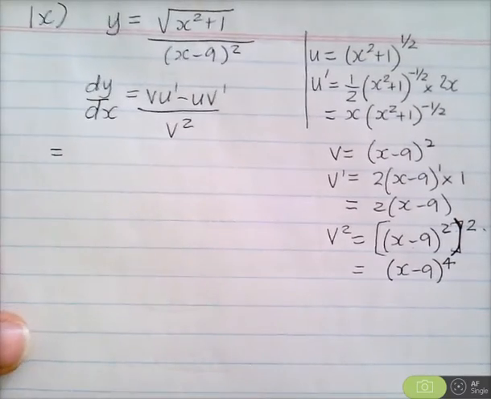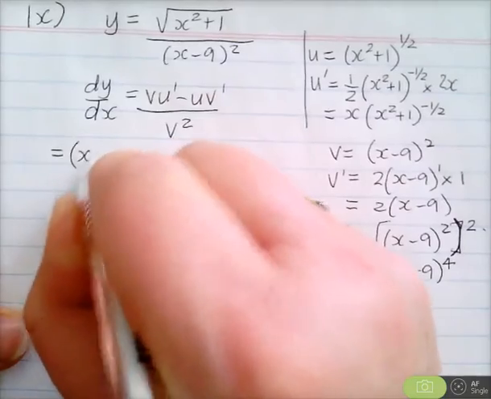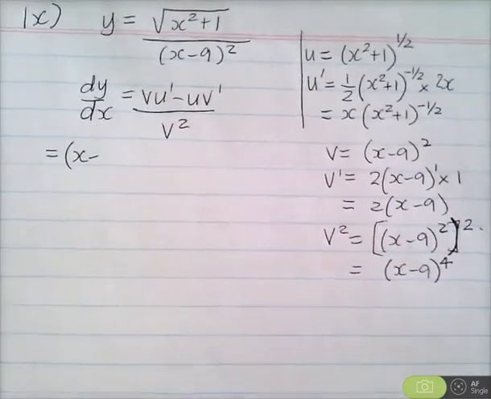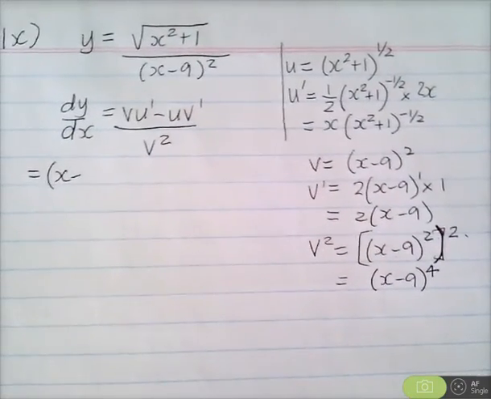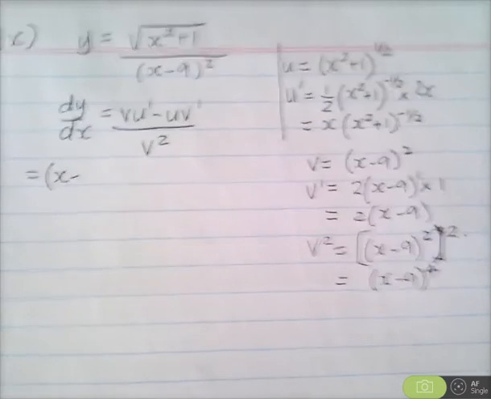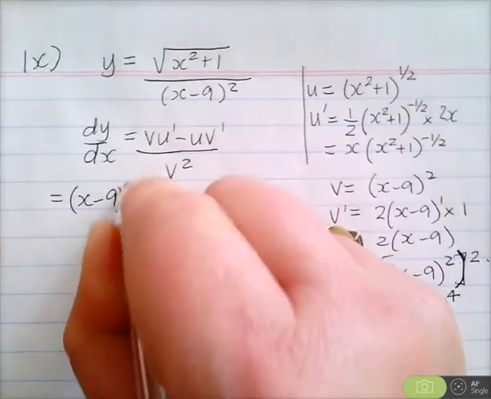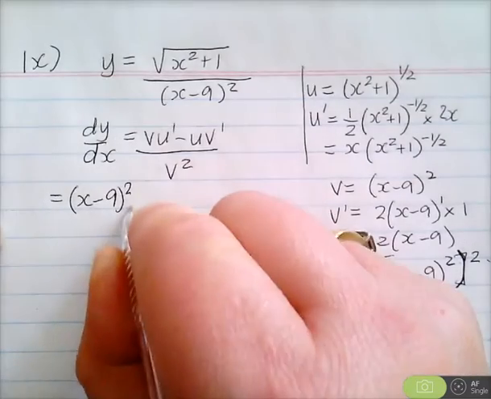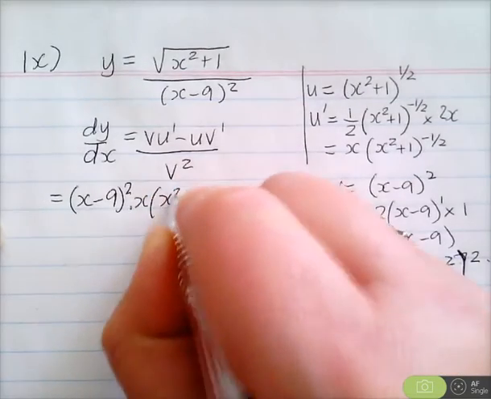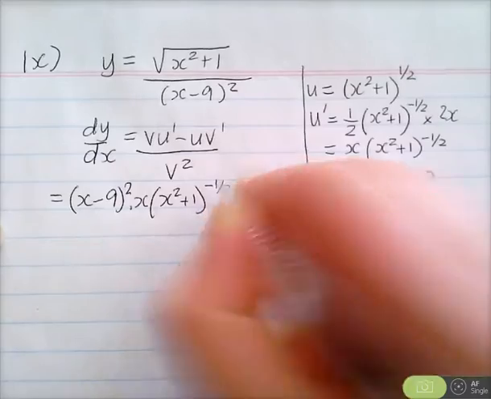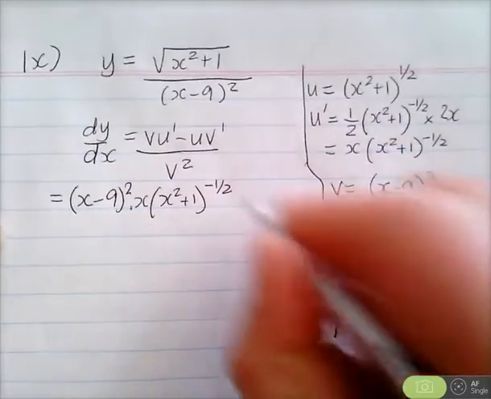V, where are you? Oh, you can't see the question. All right. X minus 9 squared, that's V. U dash is this monster. I'm not going to fit it.